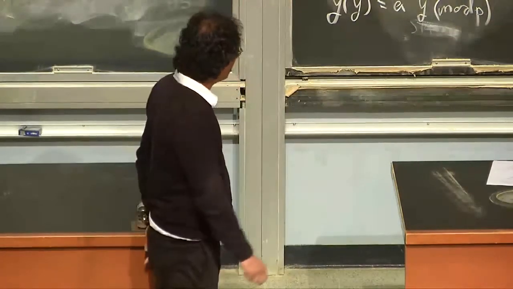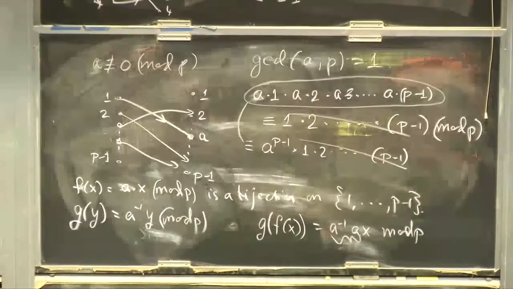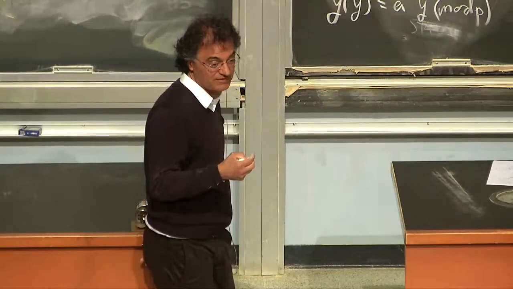Yeah, good question. Do you see that a times x does work, and it works because it proves a bijection, whereas with a to the x, we don't know what to do with that. A to the x we have no control over.